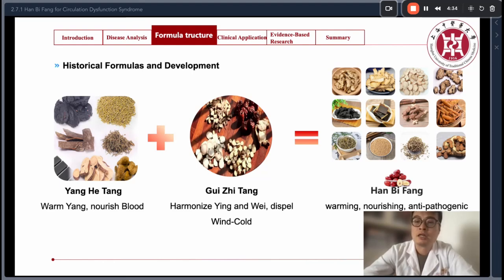But over time, doctors realized that many cold B patients also had underlying deficiency, especially qi and blood deficiency, or even kidney yang deficiency. So modern TCM evolved this older prescription into something more comprehensive. Han Bi Fang was created to warm, unblock, tonify, and harmonize all at once.